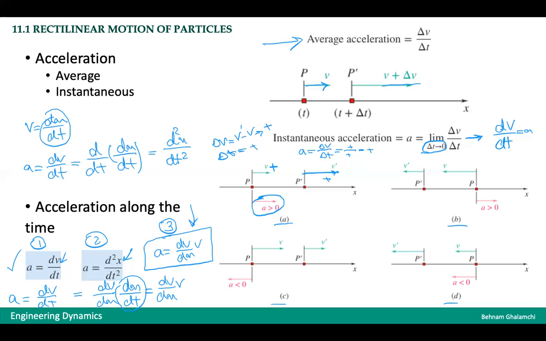But let's see case C. The initial velocity is v. Then after delta t time, it decreased to v prime, but both are positive numbers. Tell me about the sign of delta v. v prime is now smaller, so v prime minus v will be a negative number. Delta t is positive.